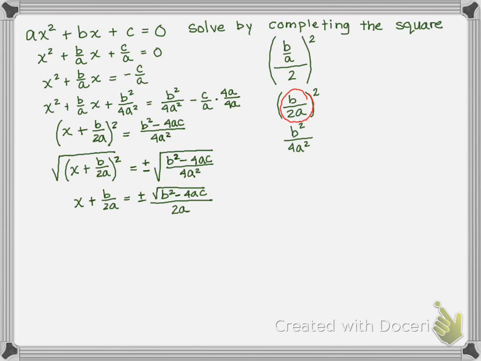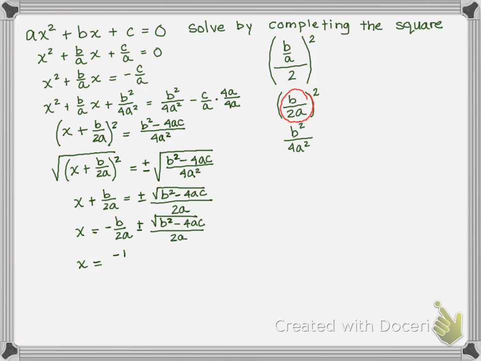And then there's only one more step to this, which is to subtract b over 2a from both sides. And conveniently, those have common denominators, so we can add the numerators. We'll add and subtract the numerators.